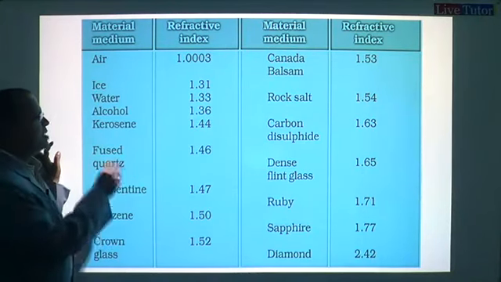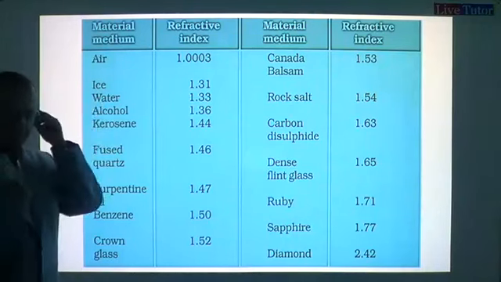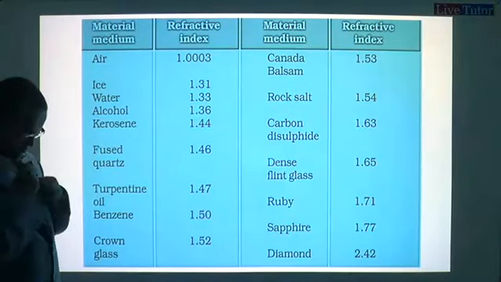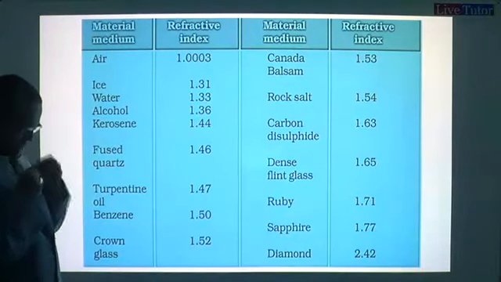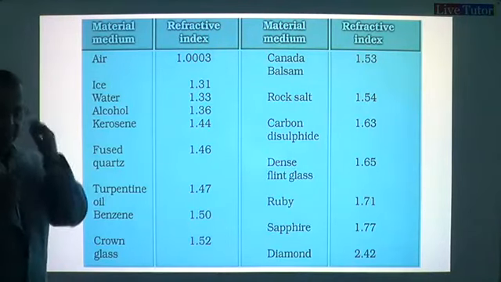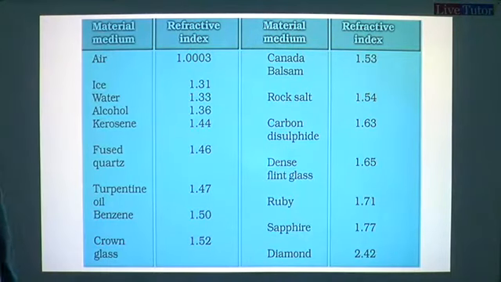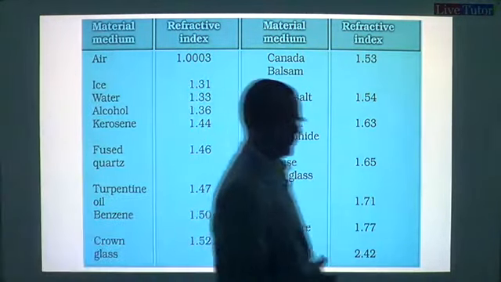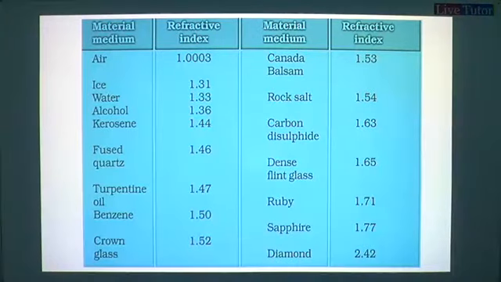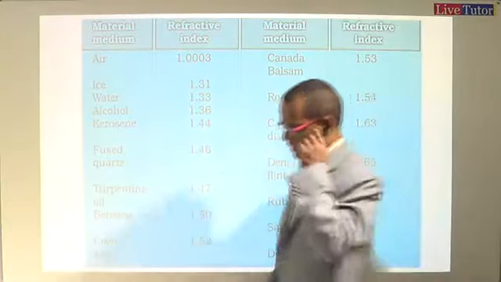I am asking about the mass density. When you are comparing the mass density of water and mass density of kerosene, which one is higher, which one is lower? Tell me.